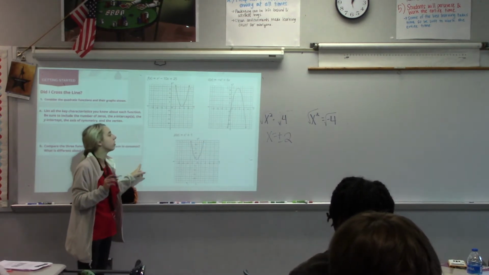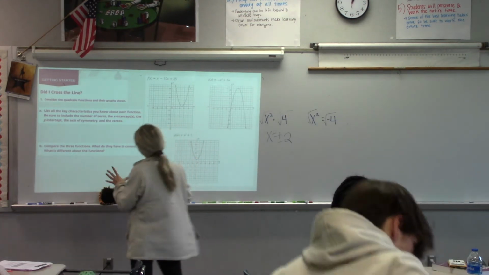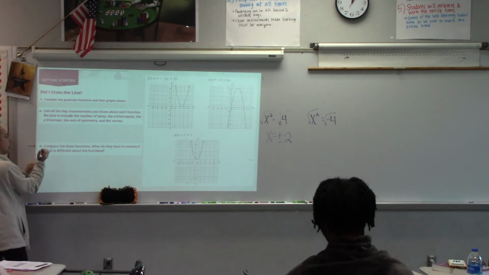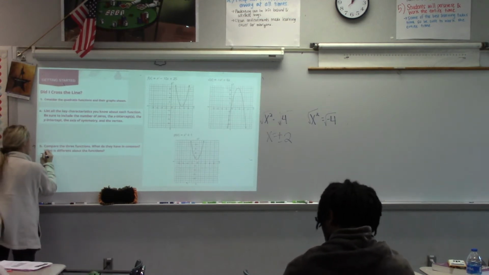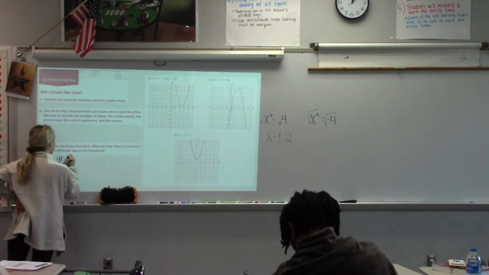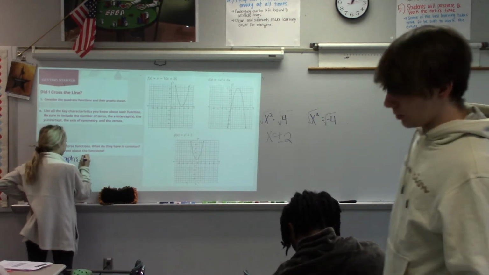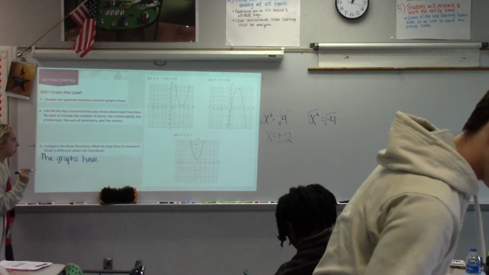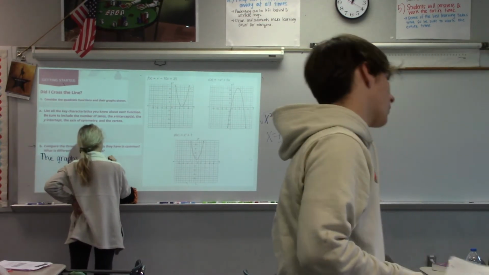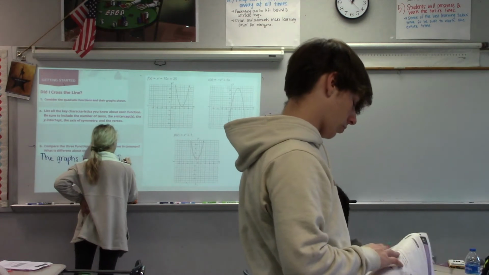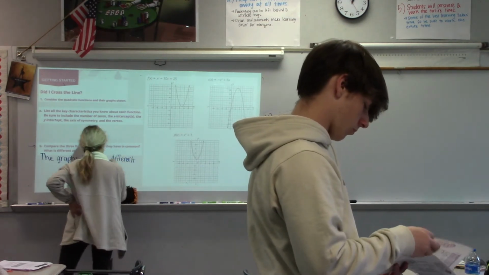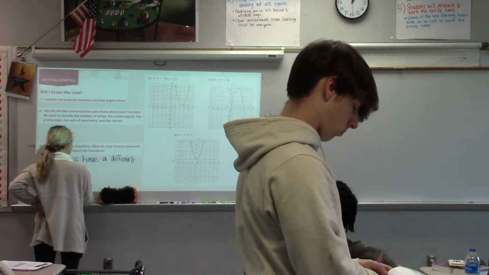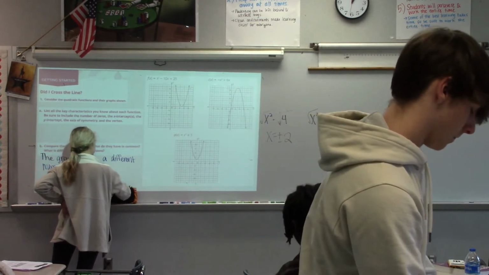So before we move on, let's go ahead and fill this in. For B, you want to write that the graphs have a different number of x-intercepts.